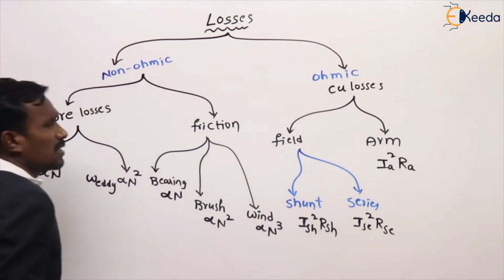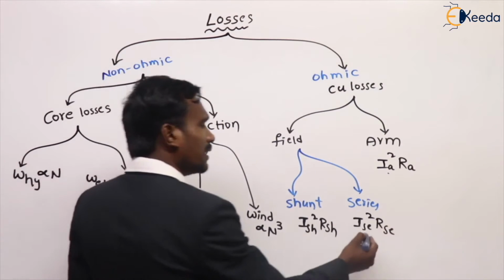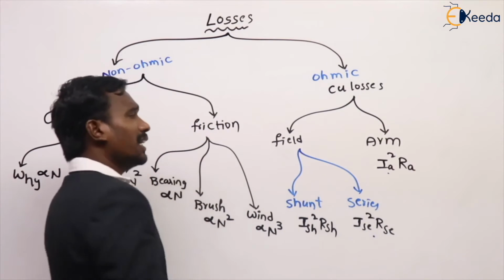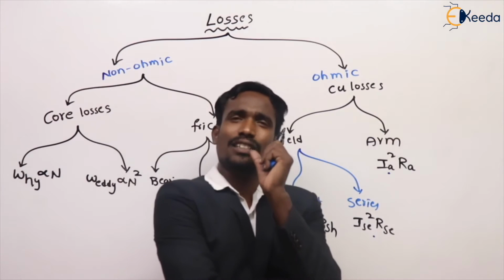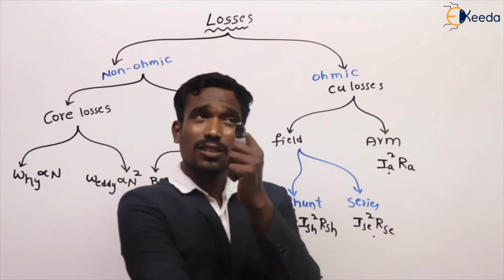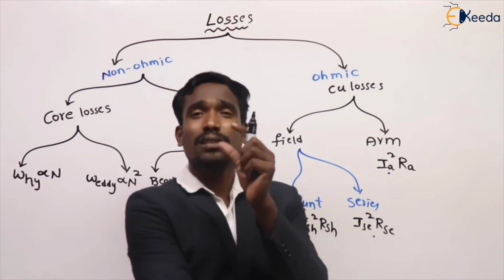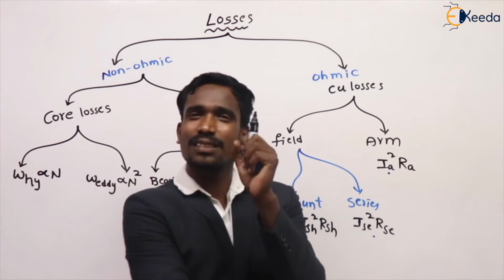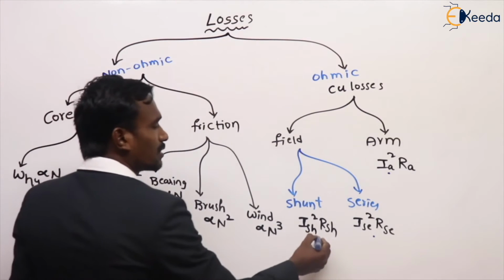Generally these are the variable losses. Can you tell me whether shunt field copper losses are variable or constant losses? Shunt field copper losses are constant losses because ISH is constant always. When ISH is constant, shunt field copper losses are also constant.